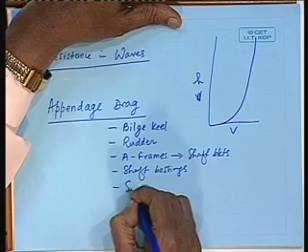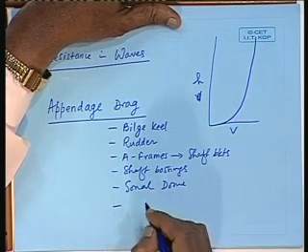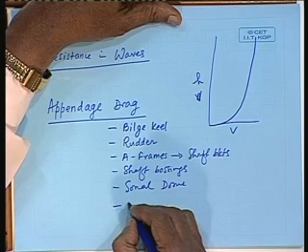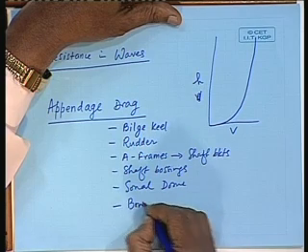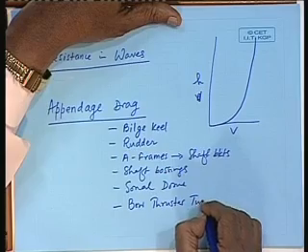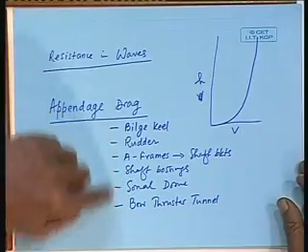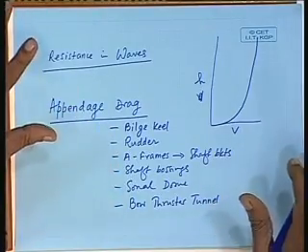In naval vessels you may have a sonar dome. Then you may have other attachments such as a bow thruster tunnel. A tunnel in the forward end to provide a bow thruster will add to the resistance. So, most of these add to the resistance. And how do they add to the resistance?